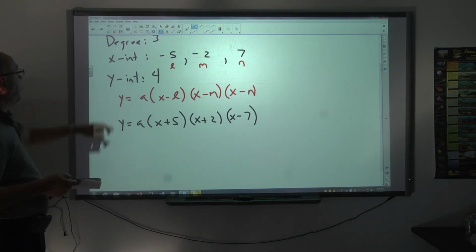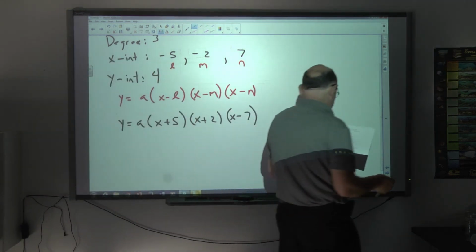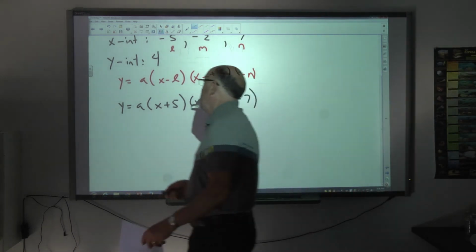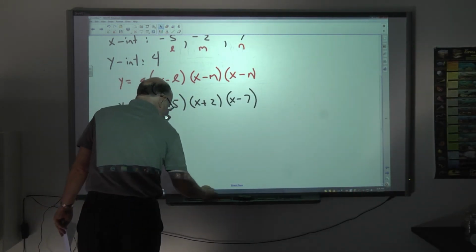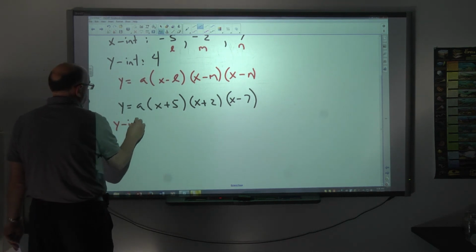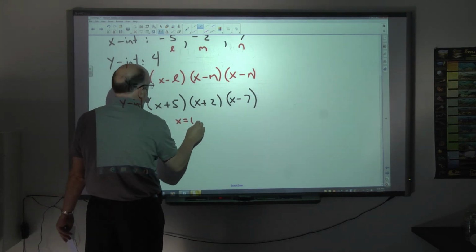Next thing, I know that the y-intercept is 4. Right? So if the y-intercept is equal to 4, then that means that the x value will be 0.